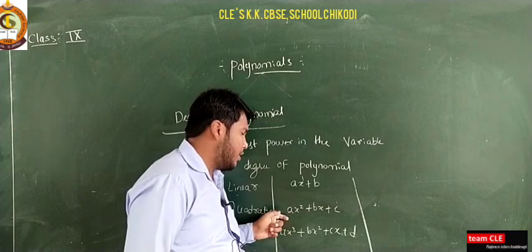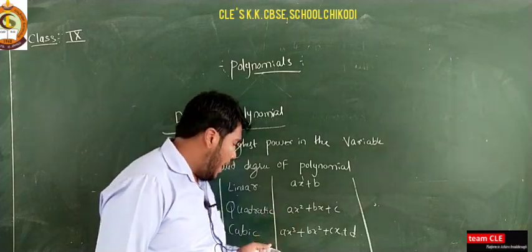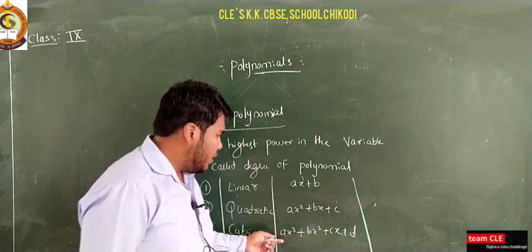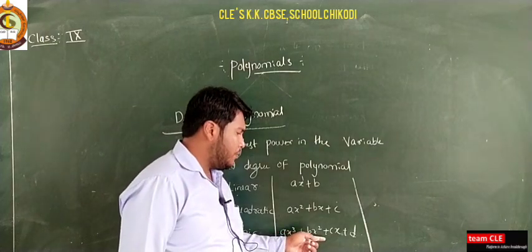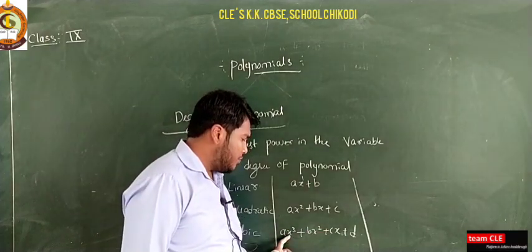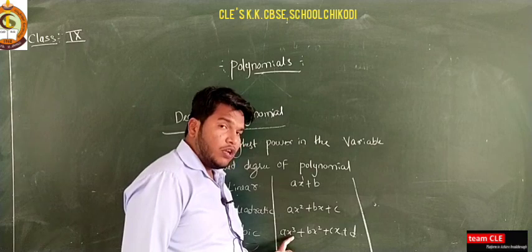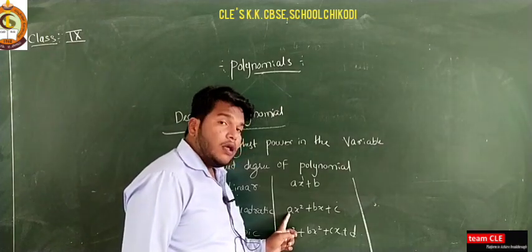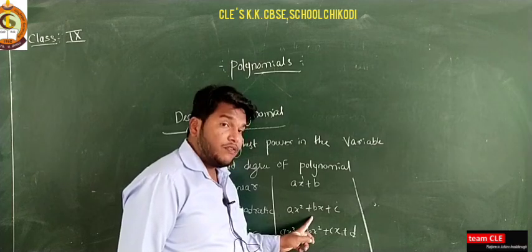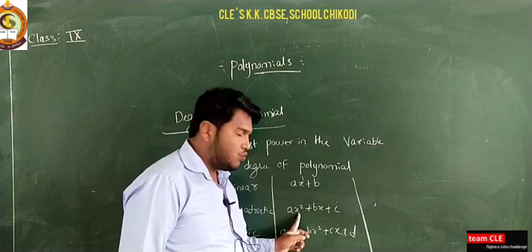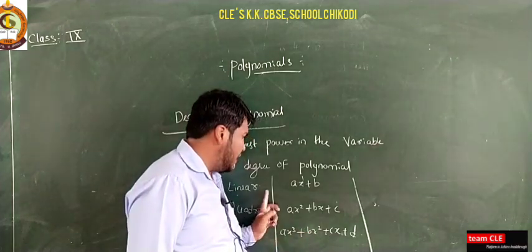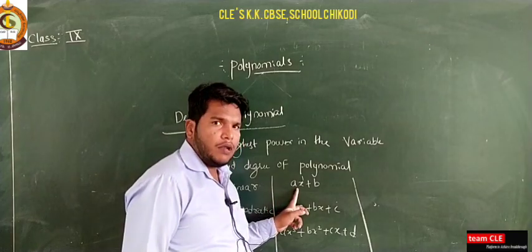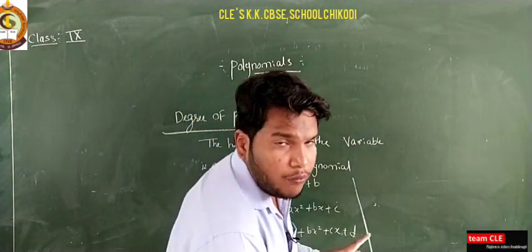And similarly cubic polynomial, ax cube plus bx square plus cx plus d, the highest power of the variable is 3, so it is called cubic polynomial. Quadratic polynomial, ax square plus bx plus c, the highest power is 2. Linear, the highest power is 1, so it is a linear polynomial.